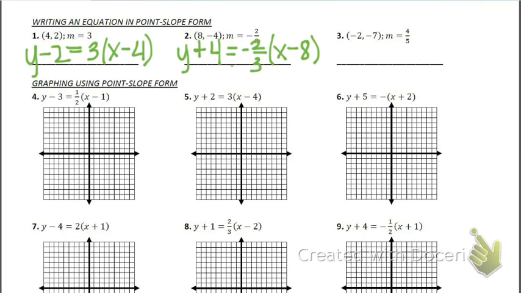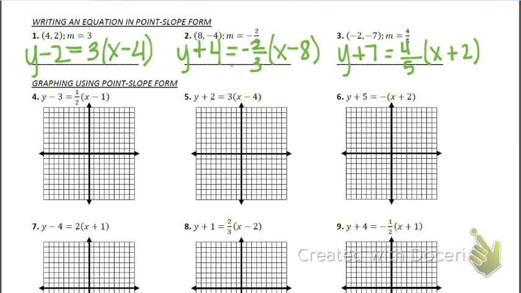So, Malika, what did you get for number 3? Y plus 7 equals 4/5 times x plus 2. Okay, so she got y plus 7 equals 4/5 times x plus 2. Thumbs up if you agree, thumbs down if you disagree. Why is it y plus 7 and x plus 2 when the point is negative 2, negative 7? Who can explain to me?